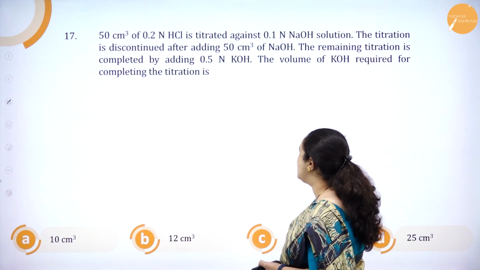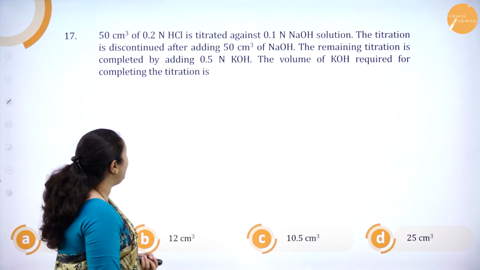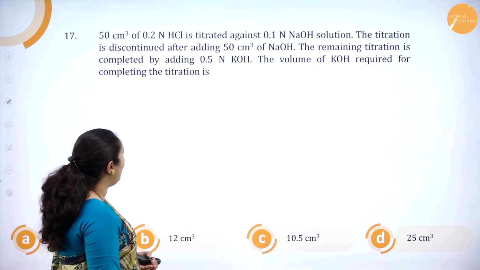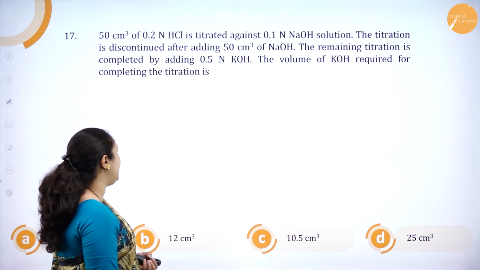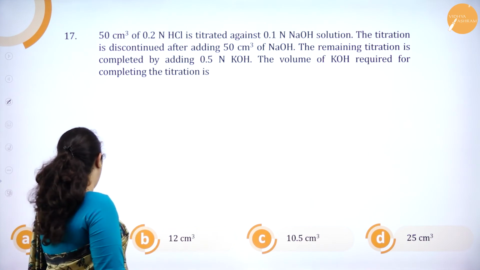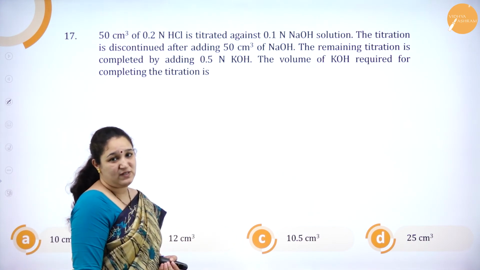The titration is discontinued after adding 50 cm cube of NaOH. The remaining titration is completed by adding 0.5 normal KOH. The volume of KOH required for completing the titration is 10 cm cube, 12 cm cube, 10.5 cm cube or 25 cm cube.